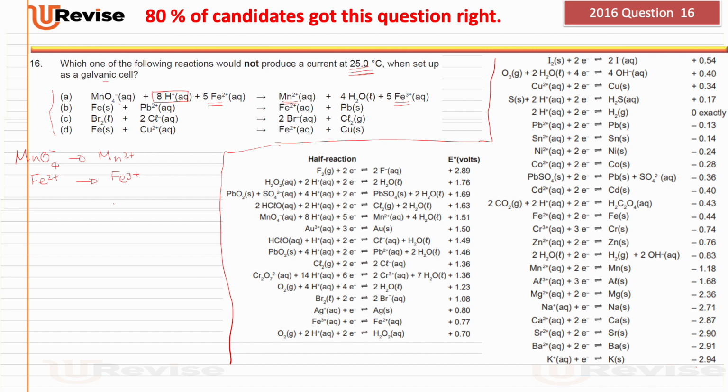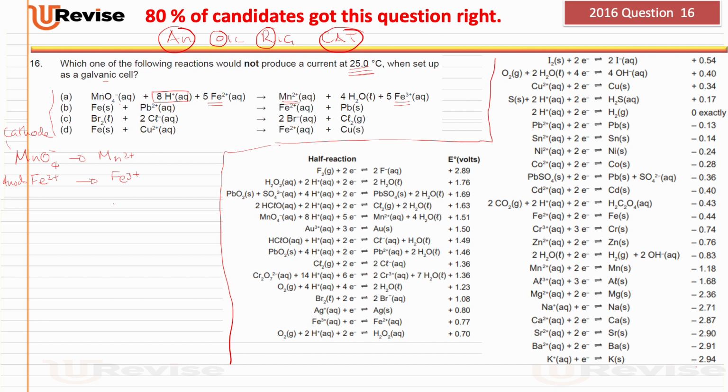If I was setting this up, this would be my anode and this should be my cathode. I'm sure you all know the mnemonic, AN OIL RIG CAT, which means at the anode, oxidation takes place and reduction takes place at the cathode. So that's what this mnemonic tells you.